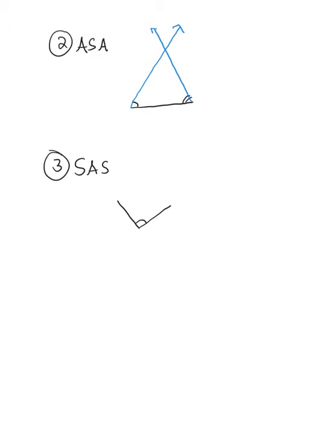There's only one possible way, and that way is to just connect the two other endpoints to each other via a line segment, and that gives us a triangle. That's the only way to draw a triangle if you know two sides and the included angle, the angle that's made up of those two sides.